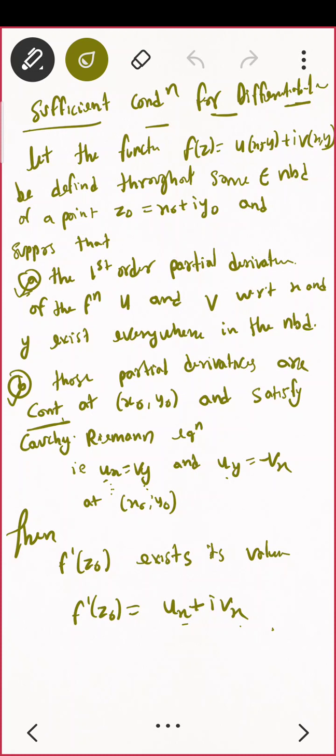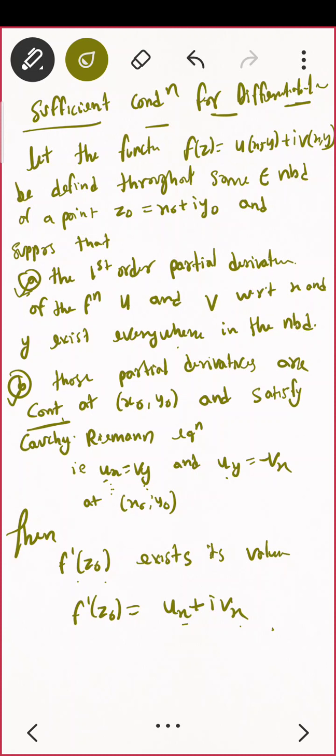Now the main part is, let us prove this. The rest is fine, solving will be easy. Now let us try to prove. Let us see what is given to us. First, we are given that the first order partial derivatives of the functions u and v exist and they are continuous, that is also given to us. We want to prove that f dash exists. What is the value of f dash? ux plus i vx.